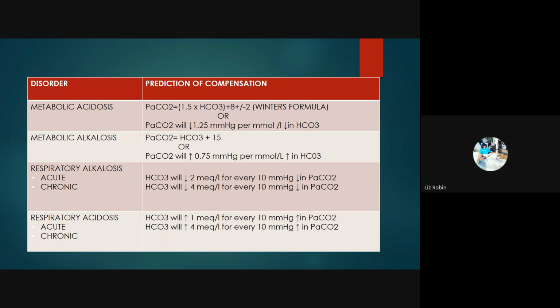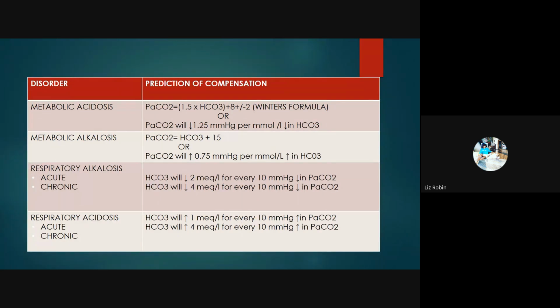The value that you get from this should correspond to the PaCO2 in your ABG. If it doesn't, it indicates that the compensation has not occurred. I'll be giving you further examples on compensation as well. You can just note this down. Then for metabolic alkalosis, there is a simple formula where PaCO2 is equal to bicarb plus 15.